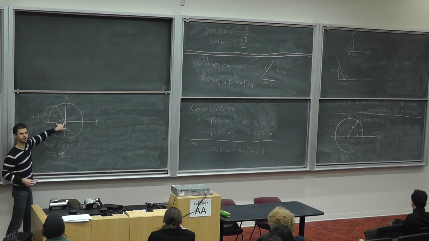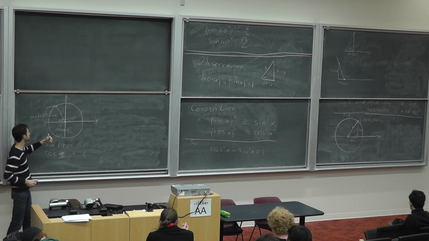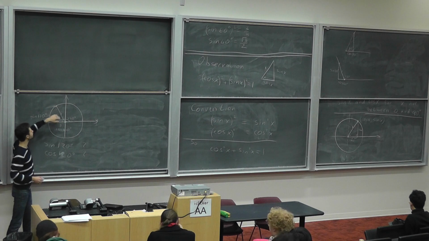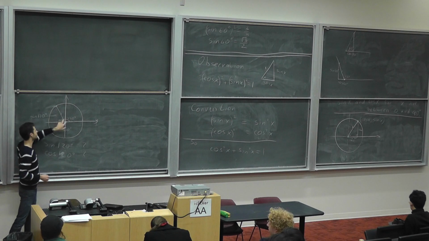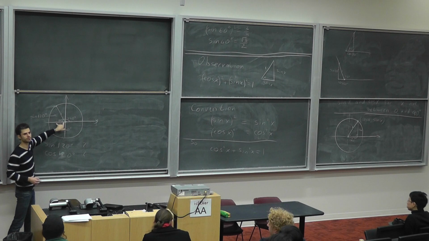So what is this length? Okay, what is it? 1/2, yes. So we already established that in a right angle triangle with hypotenuse equal to 1 and this angle equal to 60 degrees, this is 1/2.